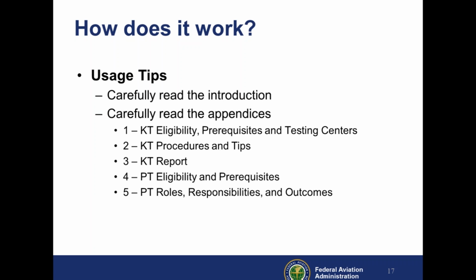The content is the same, but this is a really important appendix to understand if you have a practical test coming up. It explains to you what constitutes satisfactory performance or what would be unsatisfactory performance. Anyway, a really important section to look at there. And then 6 is safety of flight. A lot of good info there.